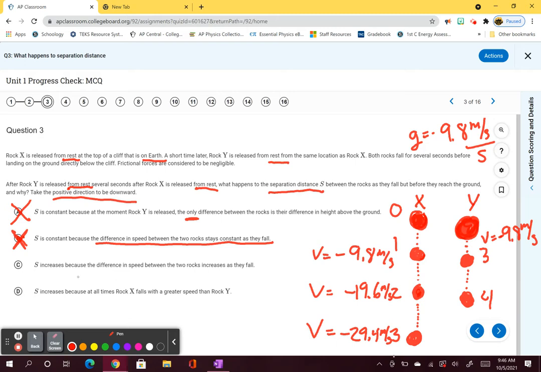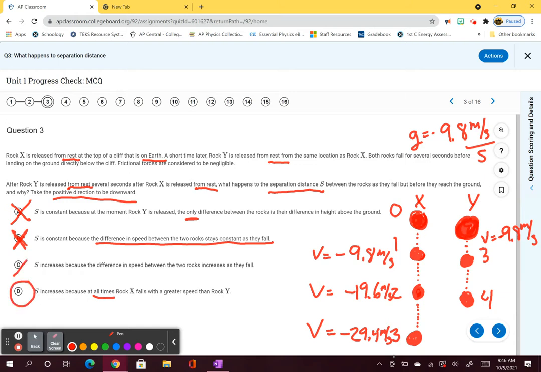D: S increases because the difference in speed between the two rocks increases as they fall. Again, we can see that if we do the math. S increases because at all times, rock X falls with a greater speed than rock Y. At all times, and it is. At 1 second, it's falling faster, 2 seconds, 3 seconds.